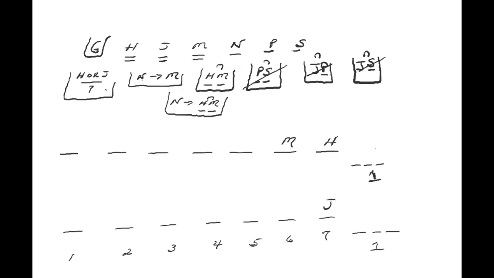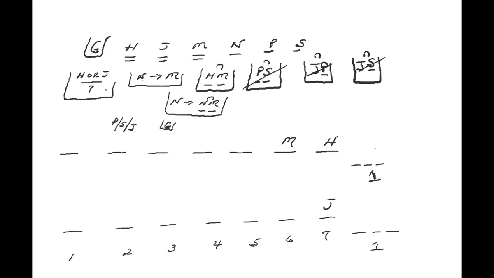Now, I have the M and the H placed. I've got 5 slots available, and I've got my 3 amigos, P, S, and J. They've got to be separated, right? And who do I have accompanying? I have G. G can go anywhere.